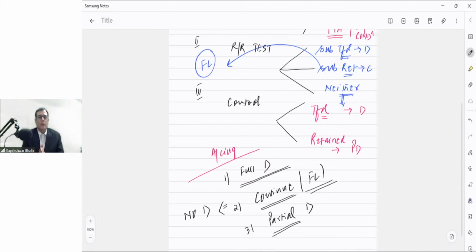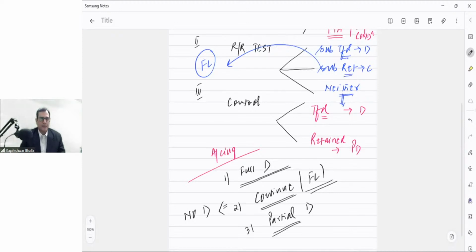So remember, when you're going to do a practical question on accounting for a derecognition, very carefully, first of all, identify which combination is getting met. Because depending upon the combination, you would apply the full derecognition accounting, or a continuation of financial asset accounting, or a case of a partial derecognition.